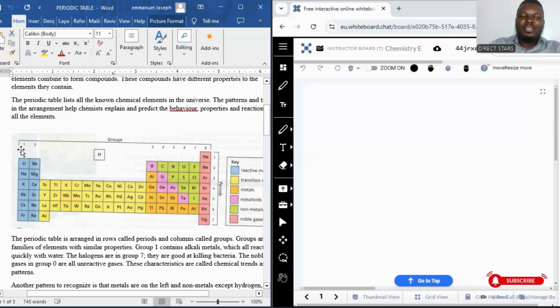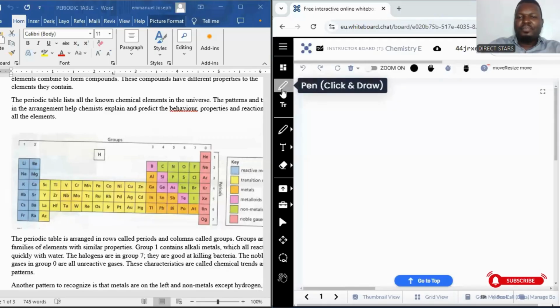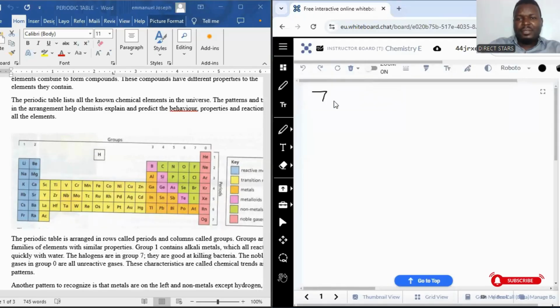And you can see the number at the top here representing what we call group. So the periodic table has groups and has periods. We have 7 periods and we have 8 groups on the periodic table.